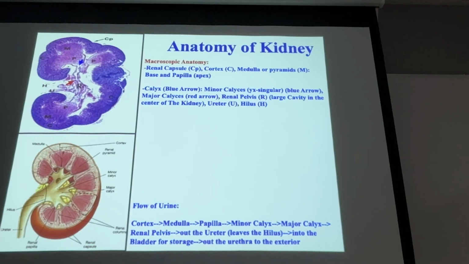Typically, if you're normal and relatively healthy, any nutrients that enter the filtrate are removed before the filtrate leaves the renal papilla and enters these calyces. So the stuff you end up with is what we need to get rid of.